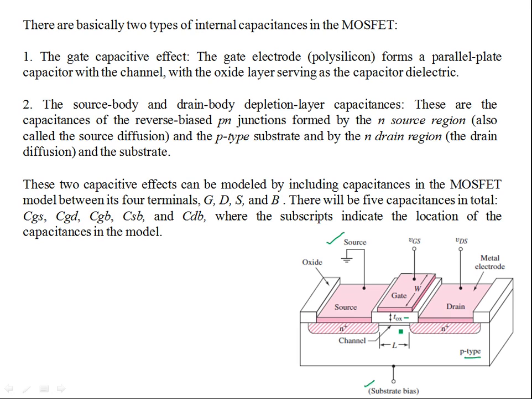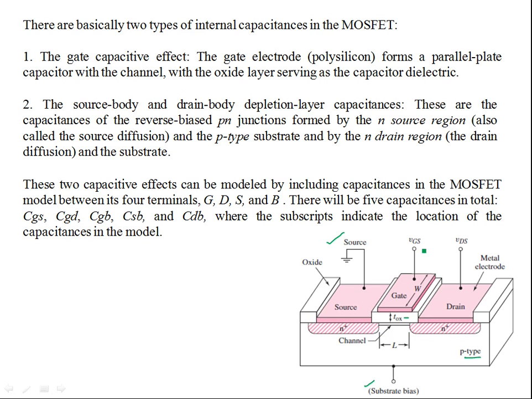We already considered this capacitance to be an open circuit in small signal operation, and it is one of the internal capacitances of the transistor. You'll see that this capacitance depends on the length and the width, the dimension parameters of the channel.